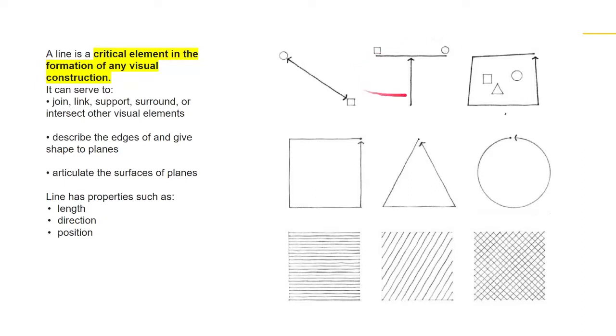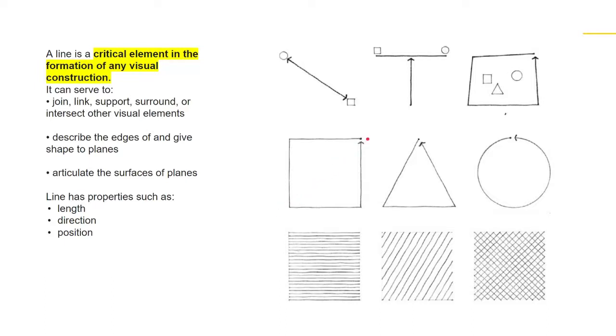This is very prevalent in architecture and interior construction. You have your post and lintel. And in this third object, you have a line that surrounds or encloses the space. So this encloses the elements that are inside. Line also describes the edges of and gives shape to planes.